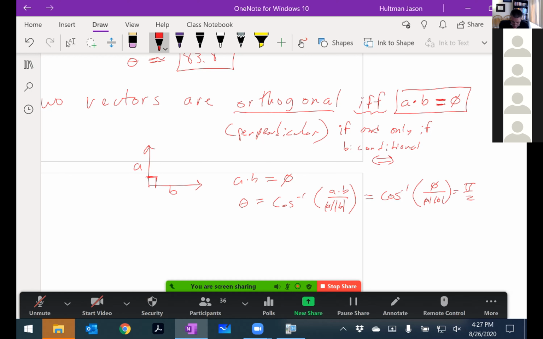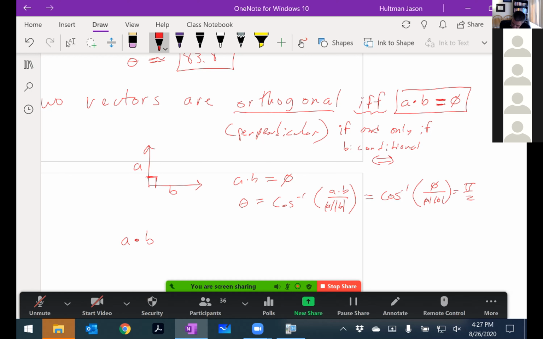Okay, so if A dot B is equal to 0, then they're orthogonal, or the angle between them is pi over 2. What if it's less than pi over 2? Then the angle is what? Acute. Yeah, it's acute. It's a cute little angle.